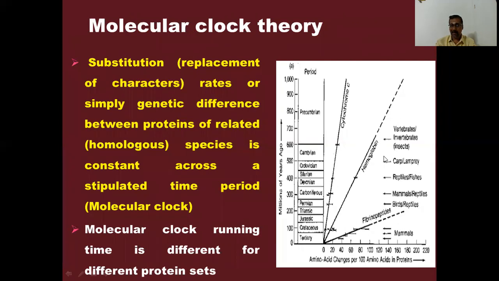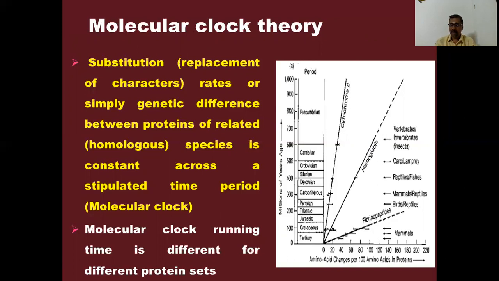Now here you can see this graph. This is hemoglobin, this is cytochrome, this is fibronectin. Take hemoglobin between different mammalian species. The replacements of amino acids in the hemoglobin moieties are uniform across a time period.